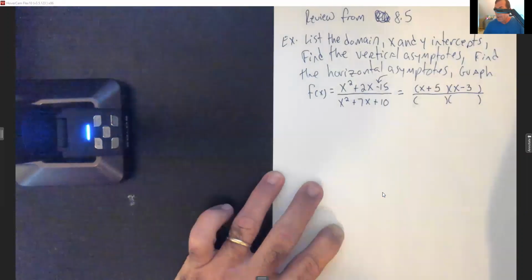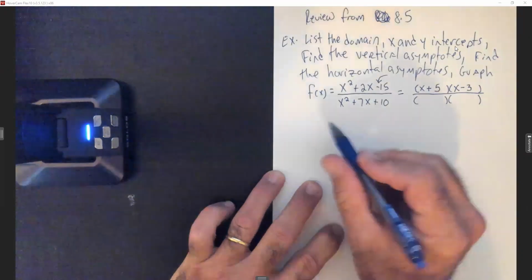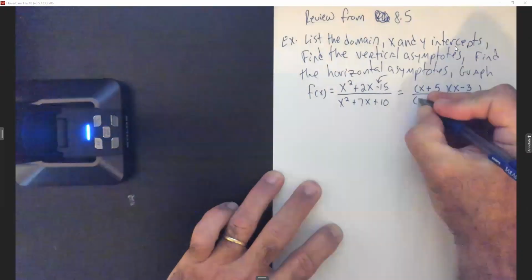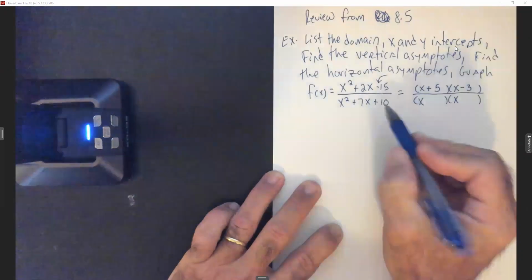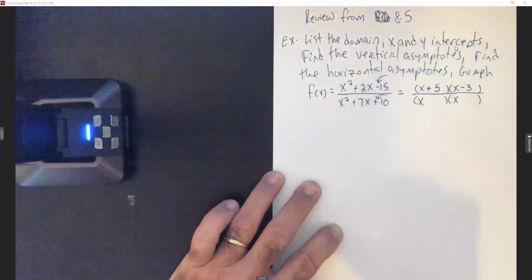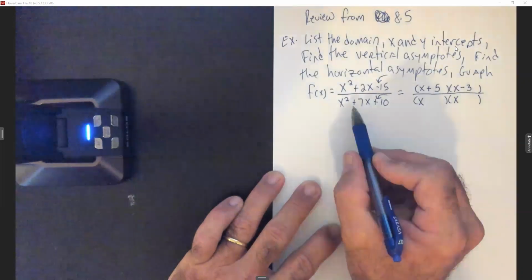Okay, so now I would factor the bottom. That's going to be an x squared, so you got an x and an x. This 10 is positive. Anytime the last number is positive, both of these factors will have the same sign as that middle number.